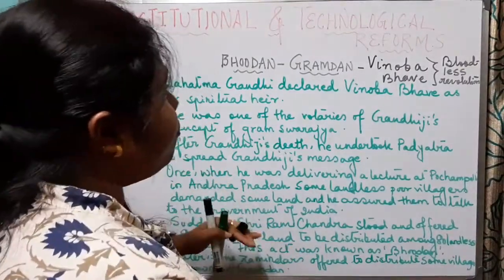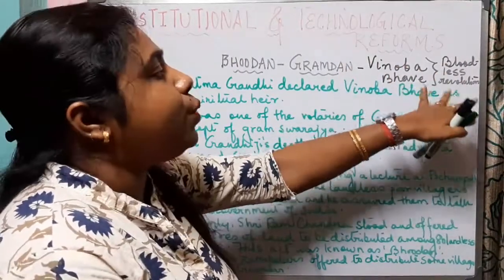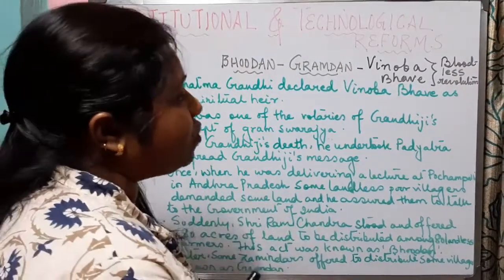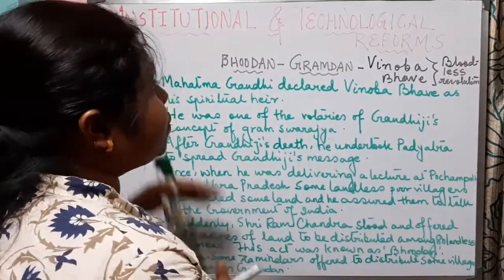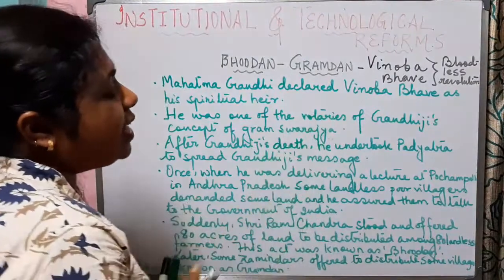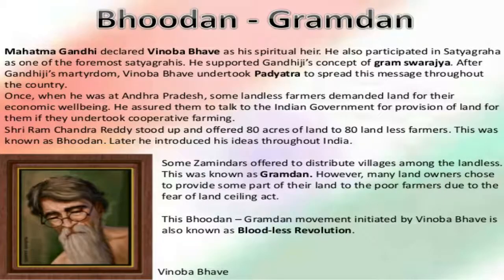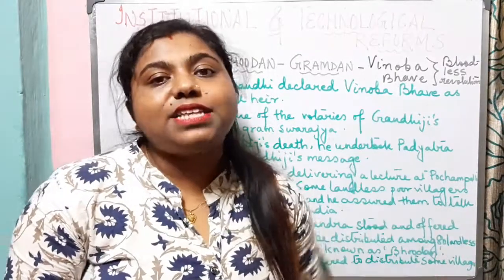A question can come, what is bloodless revolution? Who initiated the Bhoodan-Gramdan movement? The answer will be Vinoba Bhave. And what is bloodless revolution? Bloodless revolution is referred as the redistribution of land by the zamindars or by the landowners to the landless poor farmers.